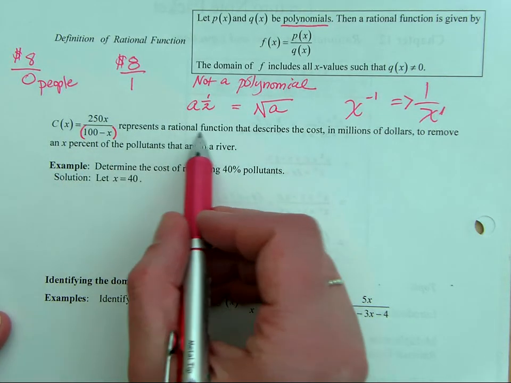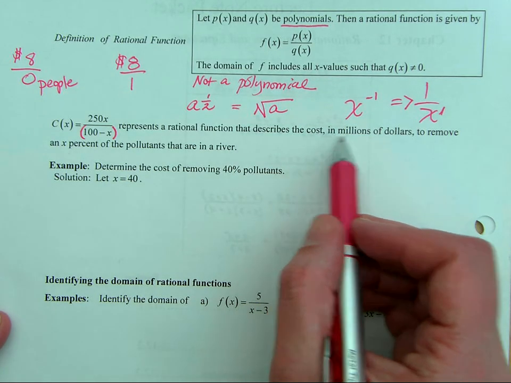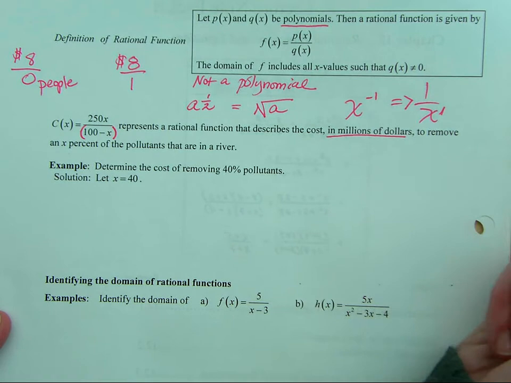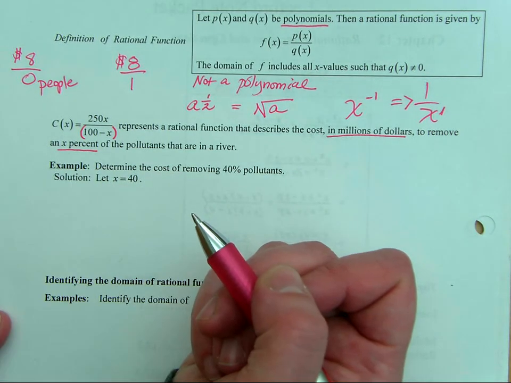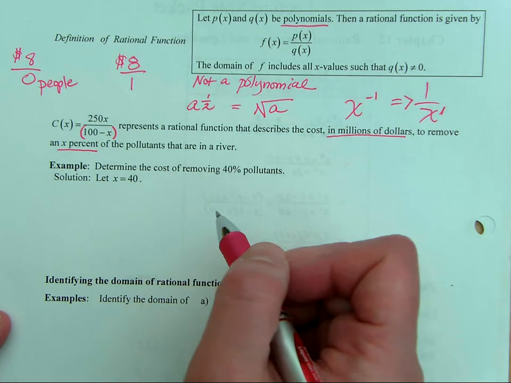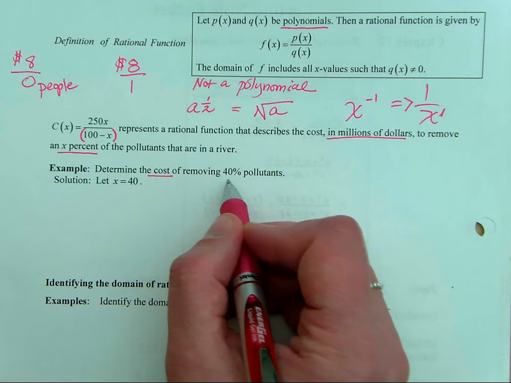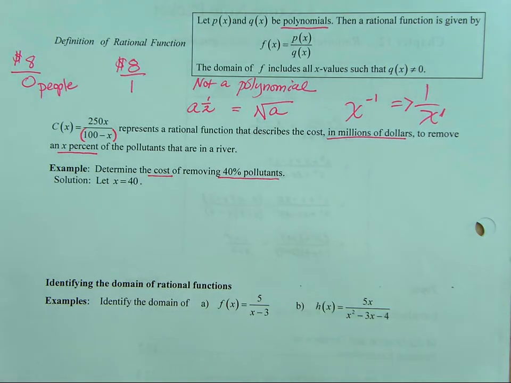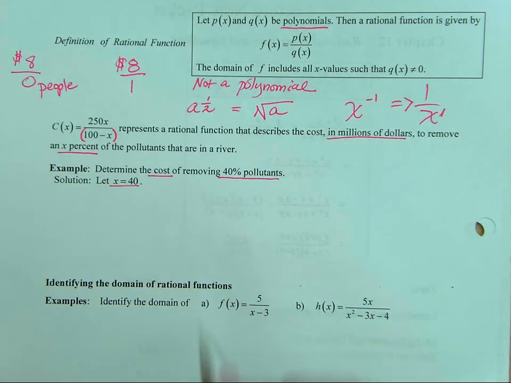This represents a rational function that describes the cost in millions of dollars to remove X% of the pollutants that are in a river. So if we wanted to determine the cost of removing 40% of the pollutants, we would say, because they're saying X is the percent, that X is equal to 40.